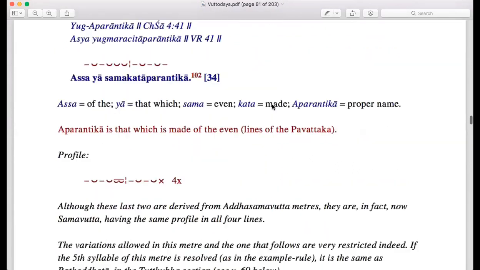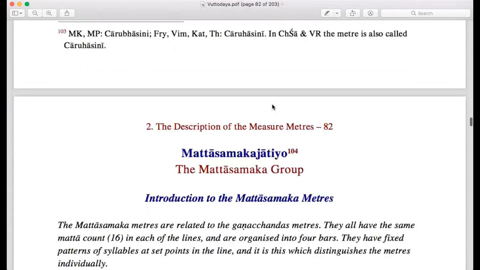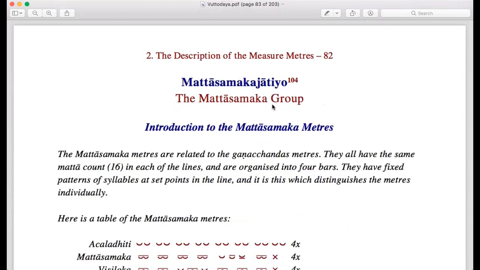We finished the Vetaliya section, and now we have the last section of the Mattavutti chapter, the second chapter. The last section of the second chapter is Matta Samaka Jati. I will show you where we are now.